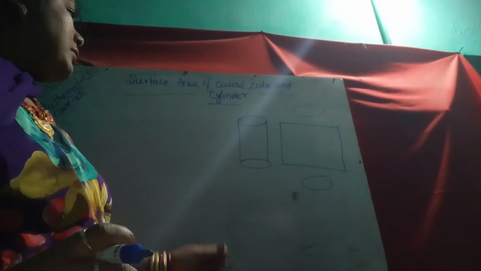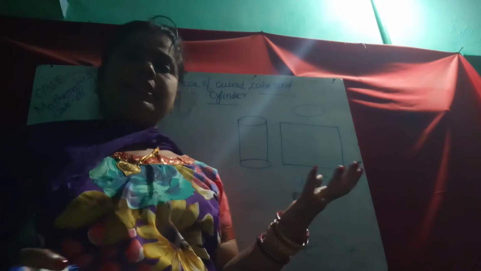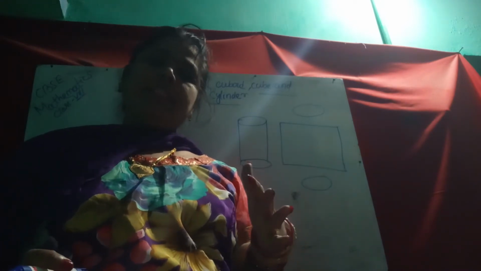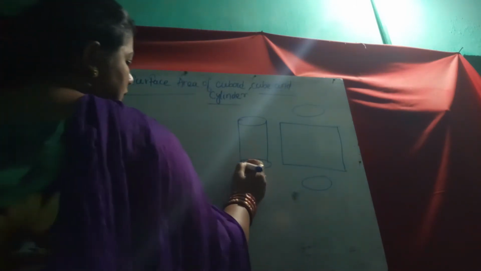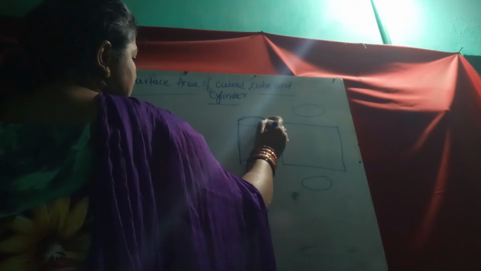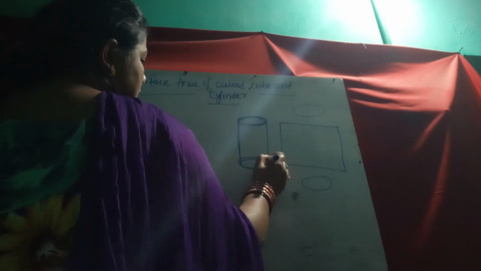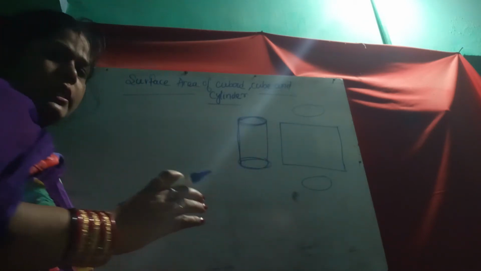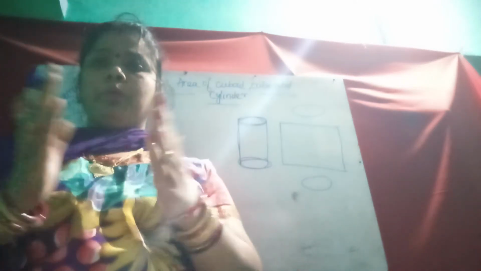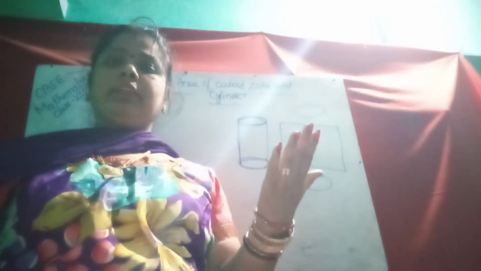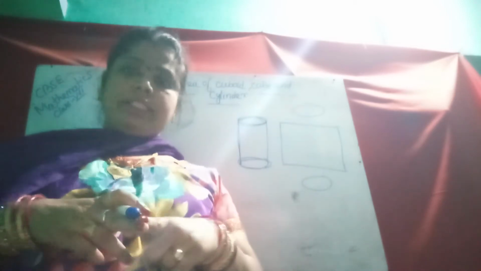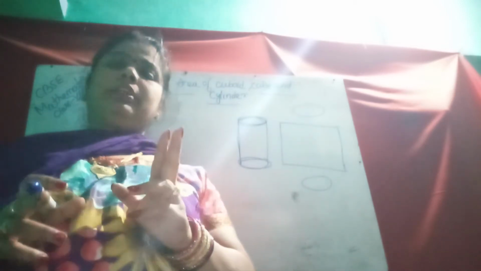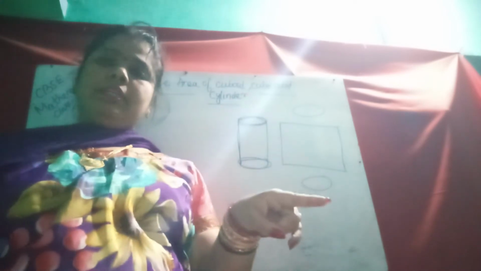Now the complete surface area of a cylinder. The cylinder is also a three-dimensional figure. This is a cylinder, and it has a circle above and a circle below. When we cut the cylinder and open it, we get a rectangular shape sheet.